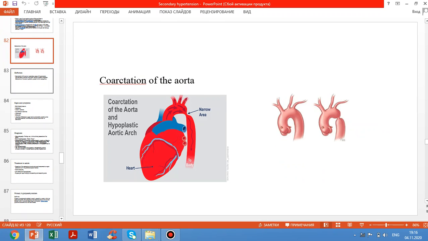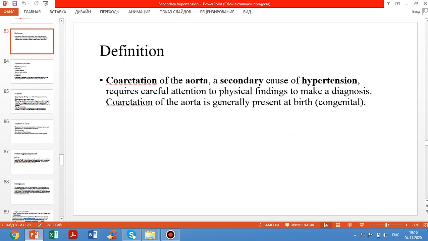Coarctation of the aorta. Definition: coarctation of the aorta is a secondary cause of hypertension. It requires careful attention to physical findings to make a diagnosis. Coarctation of the aorta is generally present at birth, that is, congenital.